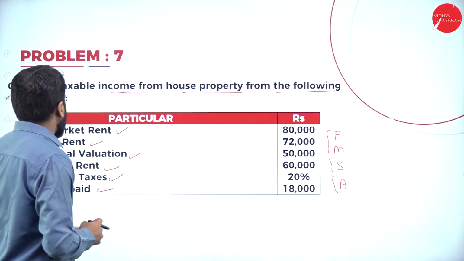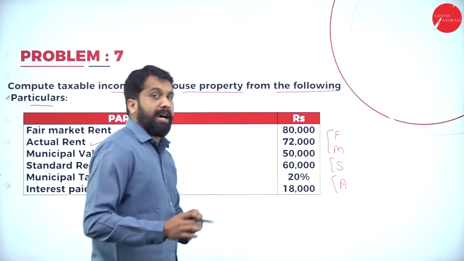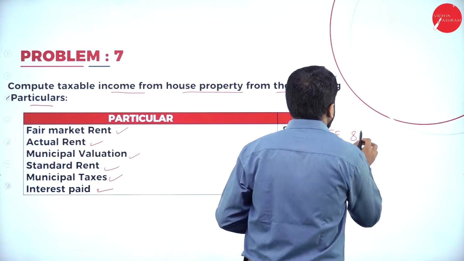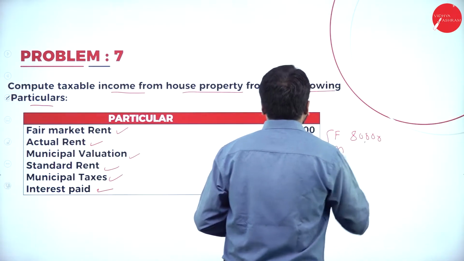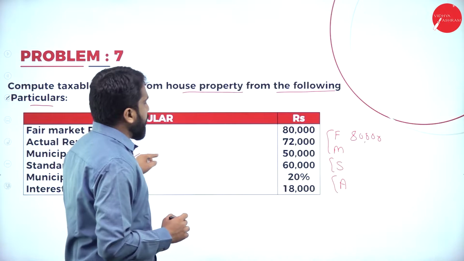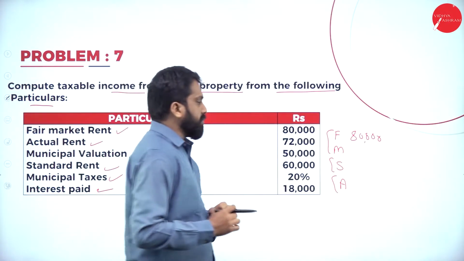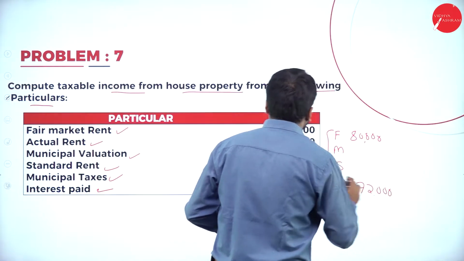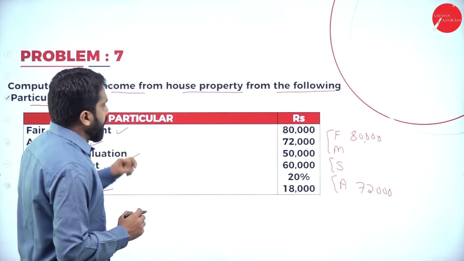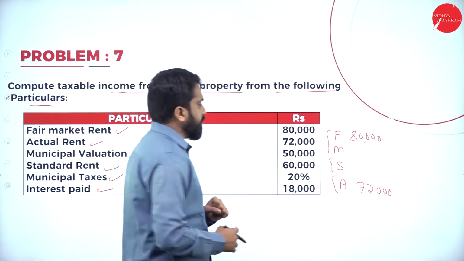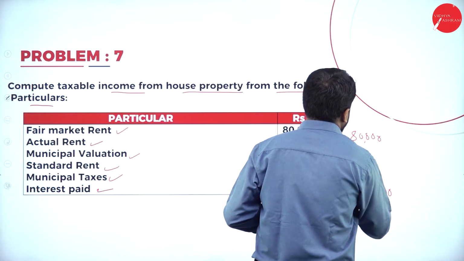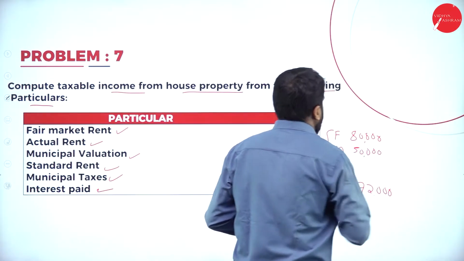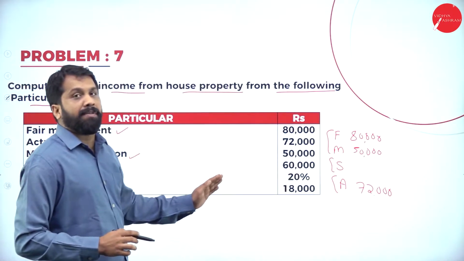As per this, fair market value, we have 80,000. Next, actual rent, it is 72,000. Then, municipal valuation, it is 50,000. Whatever is given in the question, the same thing I am copying.